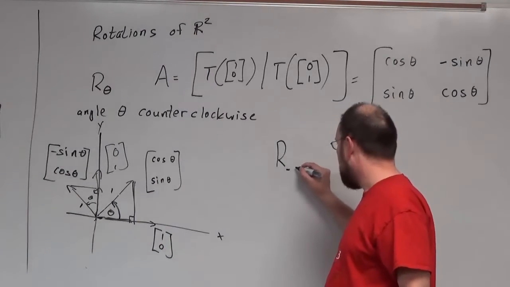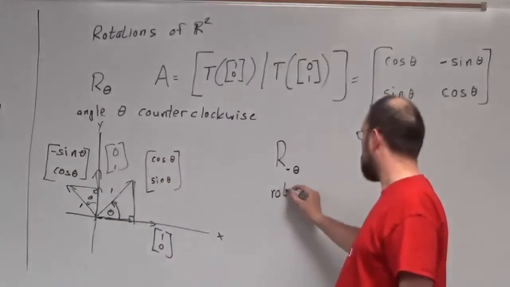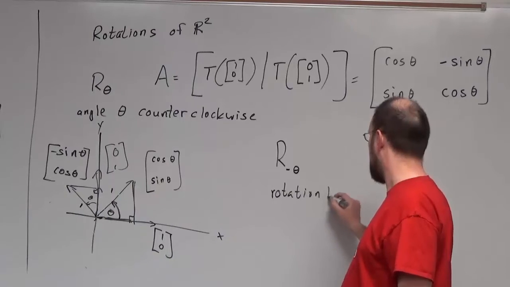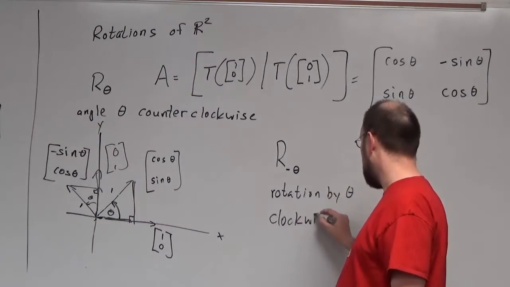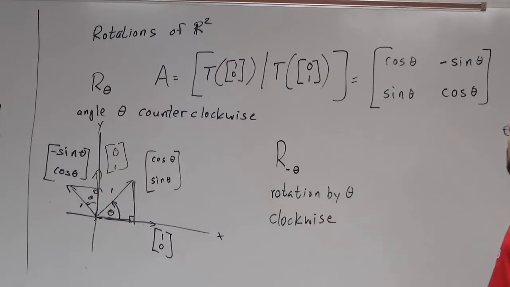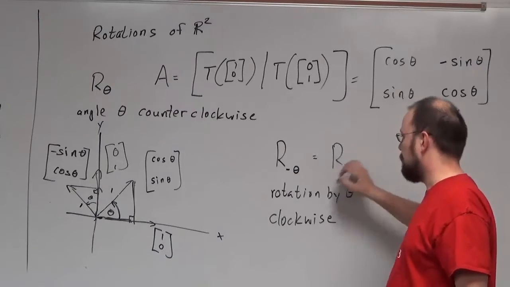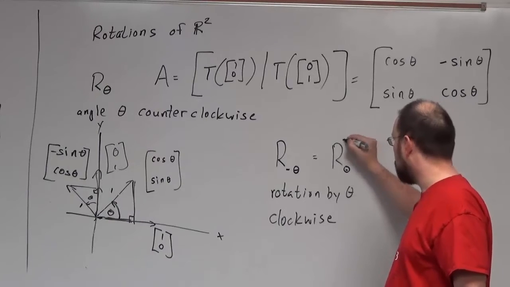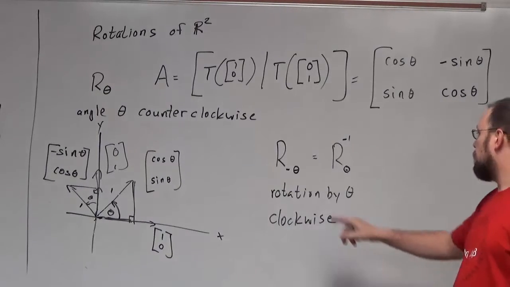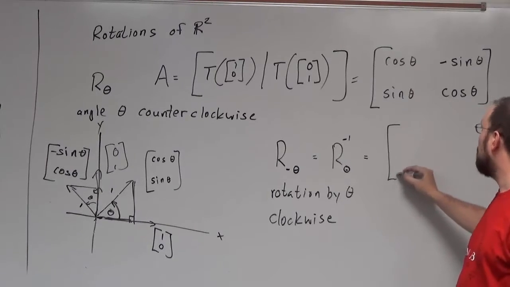And so how can you find the rotation by angle theta in the clockwise direction? So that's considered the negative orientation in math. Well, you can do one of two things. You can say, well, this is simply the inverse, or the undoing of the rotation by theta counterclockwise. Or you can simply use this formula and replace theta with negative theta.